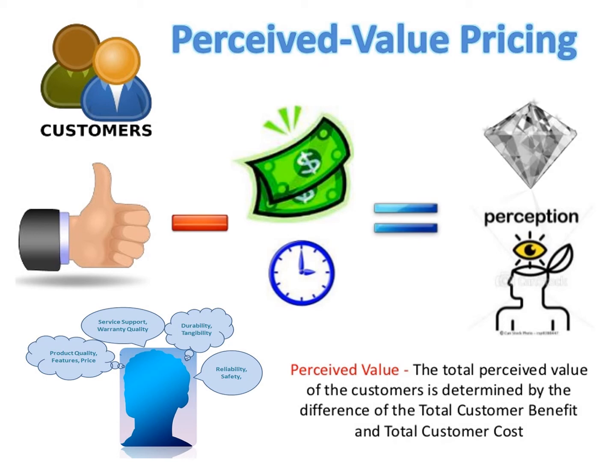Depending on the customers' expectations and income ranges, they charge the price to the people in a different way for the products and services. So this perceived value can be considered as the total perceived value of the customers, which is determined by the difference of total consumer benefit and total customer cost.